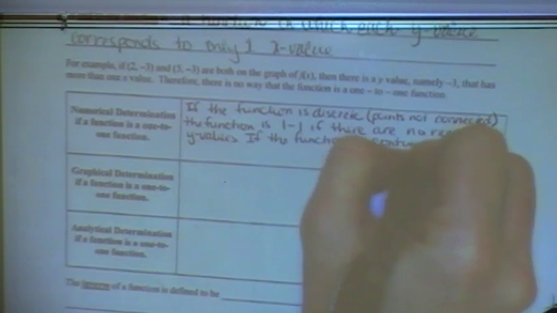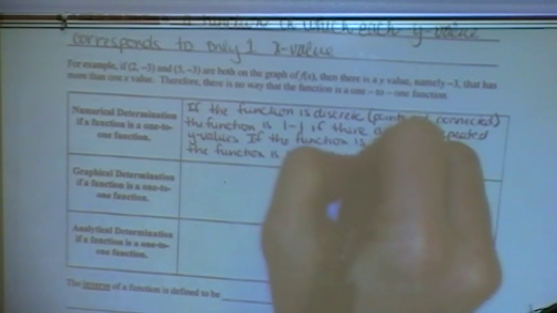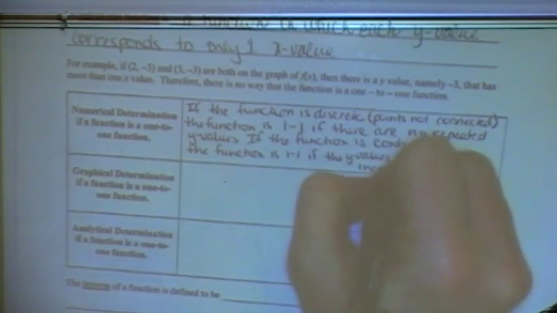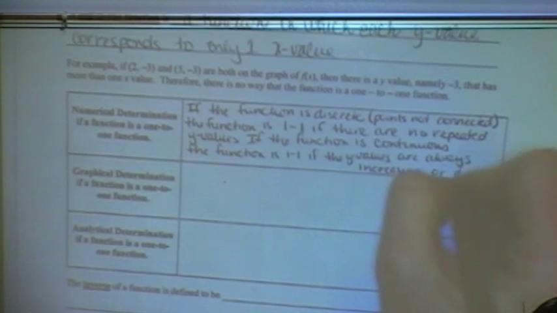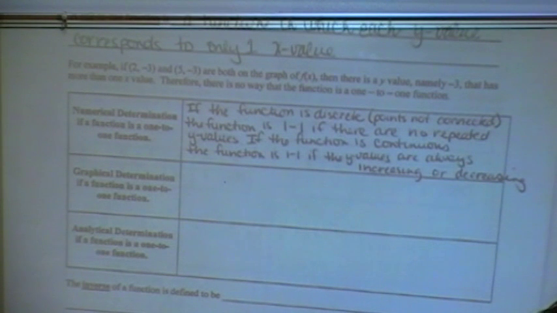However, if the function is continuous, which means it's connected, the way you'll be able to tell is that the y values will be always increasing or always decreasing.